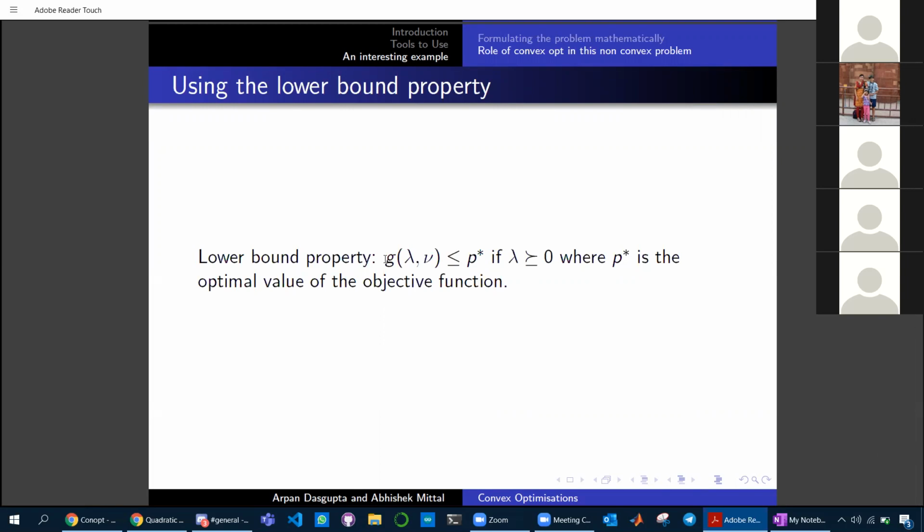But now, to get as close to the optimal value as possible, I would like to maximize my dual function, that is g of lambda, g of just nu now. Maximizing this would imply that I'm actually minimizing my minus g of nu. All the maxima of g of nu would become minima when I take its negative.